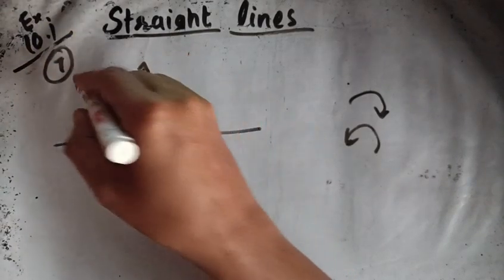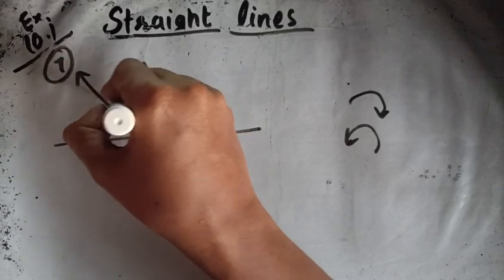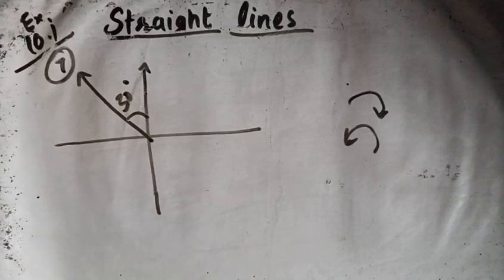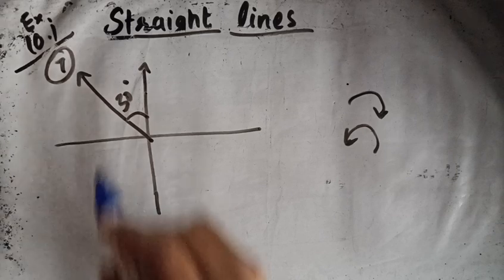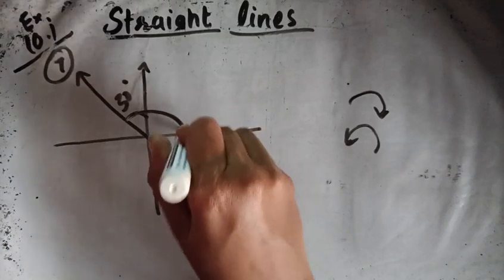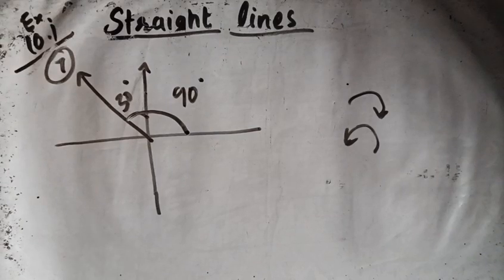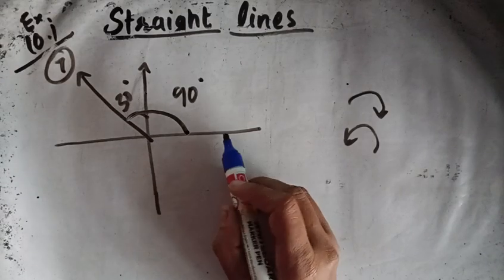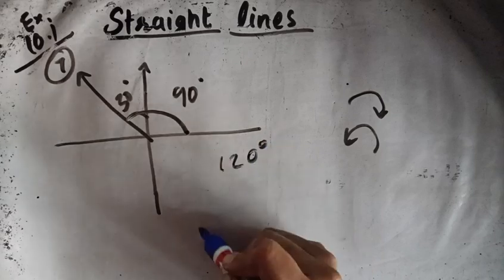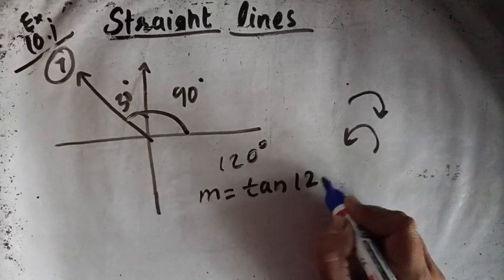So this is our y-axis, this is a line. Okay. So this angle is 30°. You have to find the slope. So to find slope, you have to take the angle which is made with the positive x-axis. This angle is 90. Okay. So total is 120. So we have to find m is equal to tan of 120.